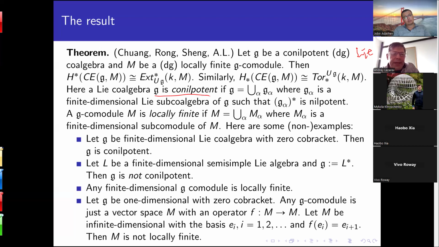Another way to put it is to say that a finite dimensional Lie coalgebra is conilpotent if its dual is nilpotent. And then we can say that a general, not necessarily finite dimensional Lie coalgebra is conilpotent if it's a union of its finite dimensional conilpotent Lie subcoalgebras.